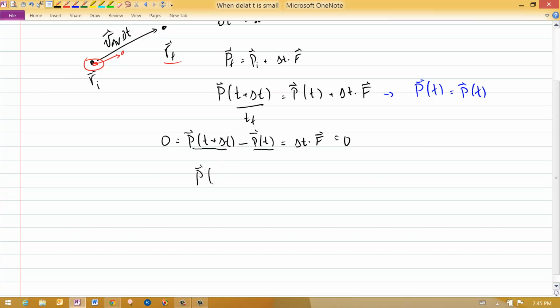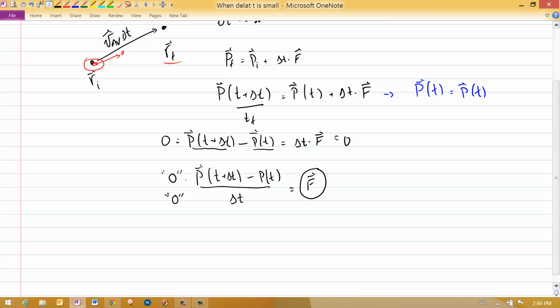The momentum at the time t plus delta t minus the momentum at the time t, divided by delta t, is equal to the force. Now, as I let delta t go to 0, the force is just the value of the force. It's not necessarily 0, it's not infinity, it's just some finite thing. Over here I have something which is going to 0 in the numerator, but I also have something which is going to 0 in the denominator.